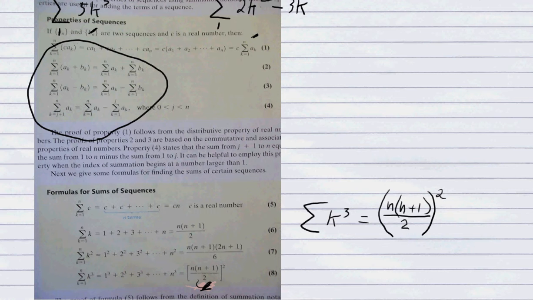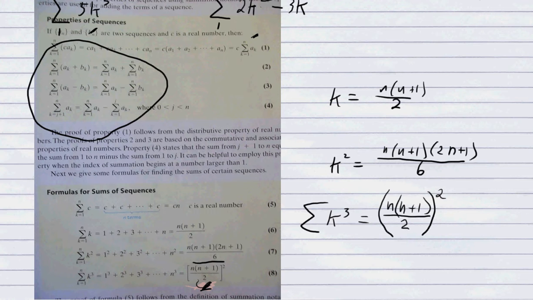And this one, for the second power, k squared, I'm just going to write it over here, that's equal to n times n plus 1 times 2n plus 1, all over 6. Then the formula for sequences involving k is just n times n plus 1 divided by 2.